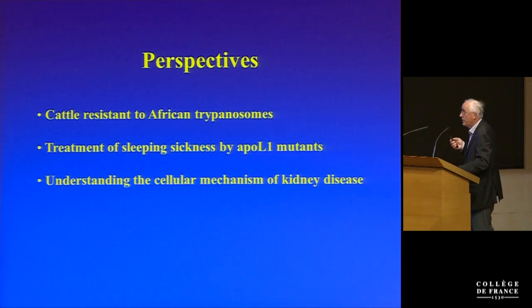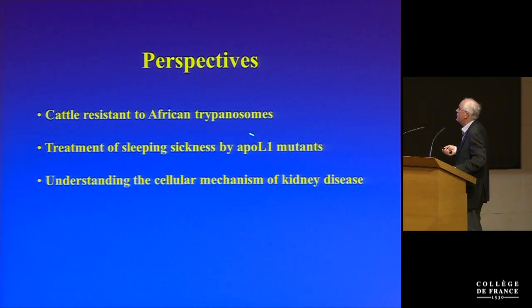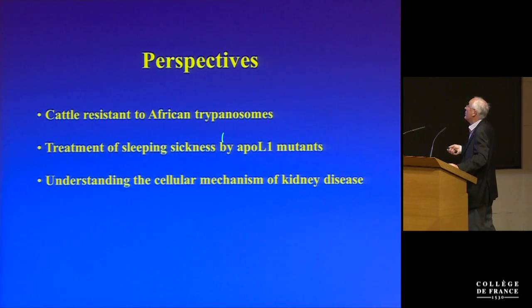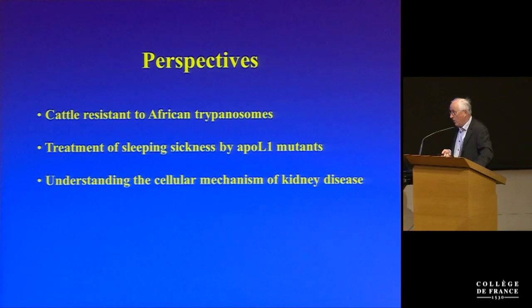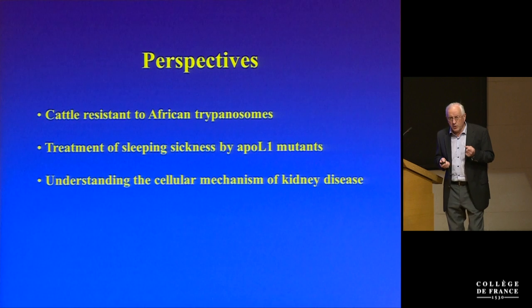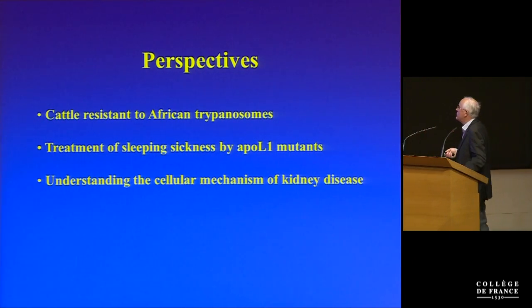It should also be possible to inject recombinant ApoL1 mutants to treat people suffering from sleeping sickness, because the activity of this protein is incredibly strong. So you don't need lots of protein to achieve the goal.